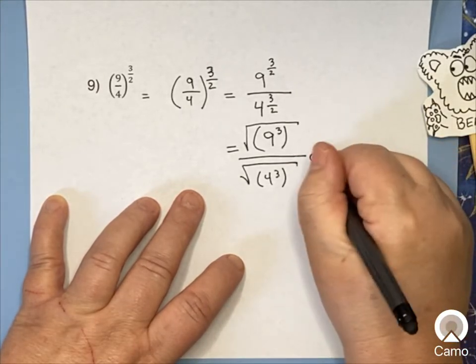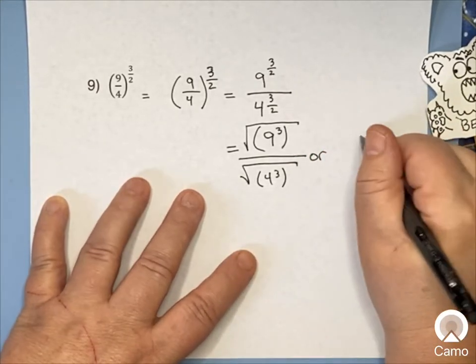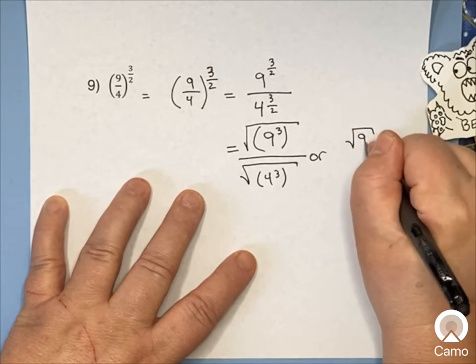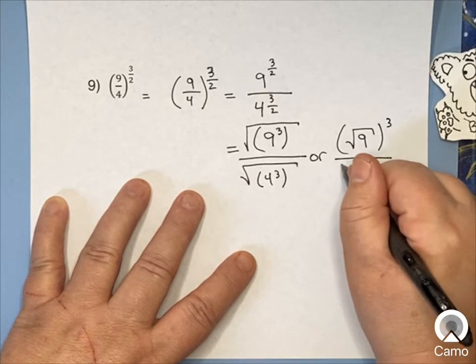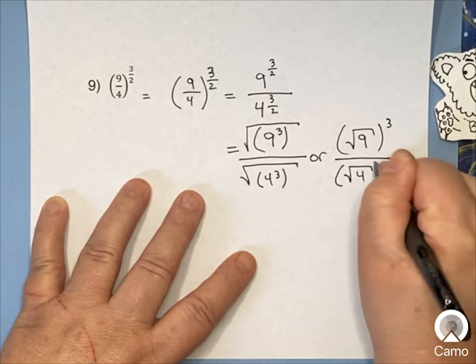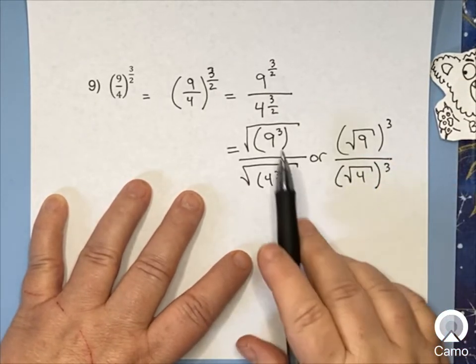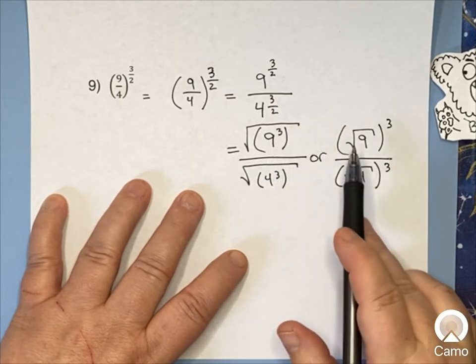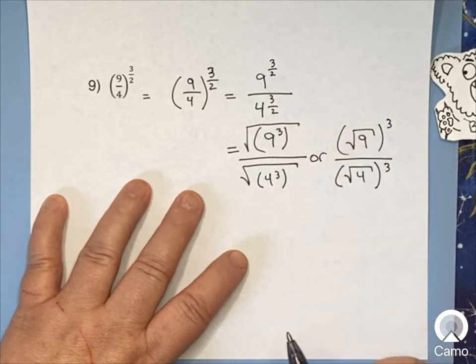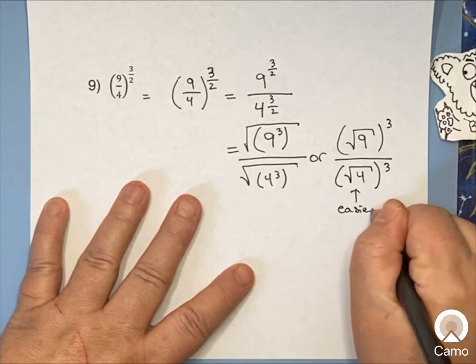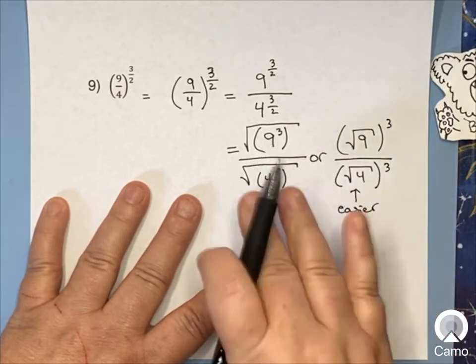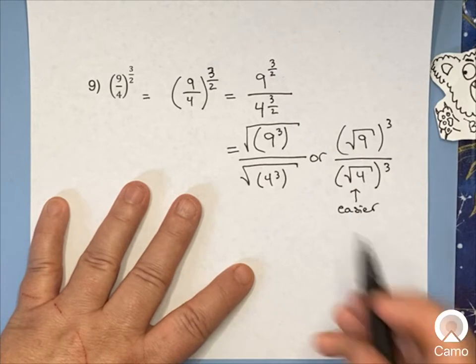But I can also look at it as the square root of 9 cubed and the square root of 4 cubed. Remember, we've got that option to take the power first or the root, or the radical, first. I think this one's easier. Personally, you're welcome to do it this way too. Both will work. They'll both give you the right answer.